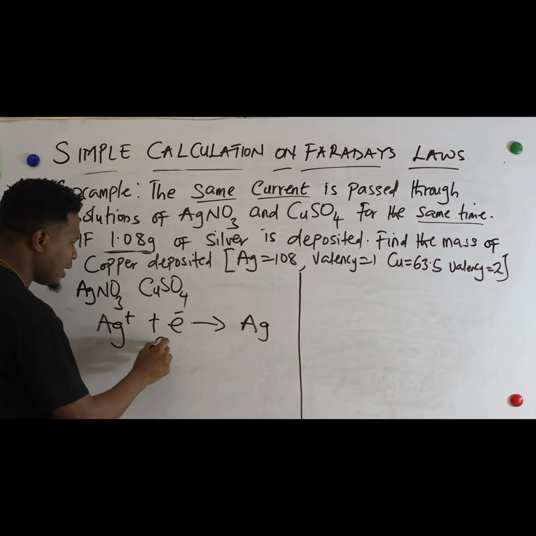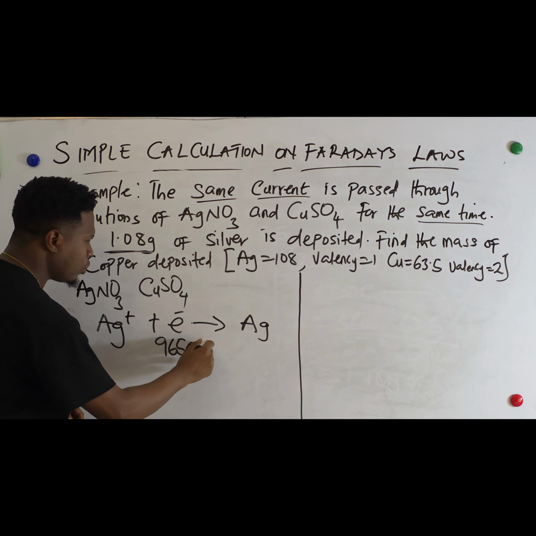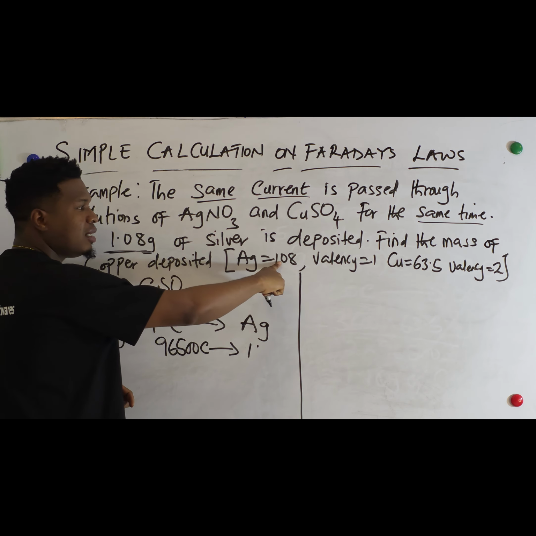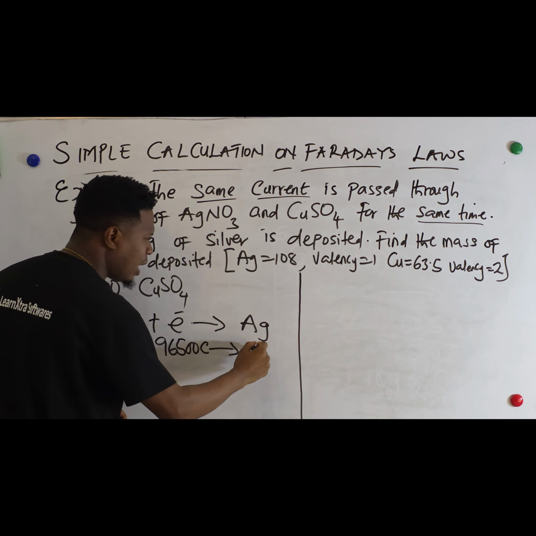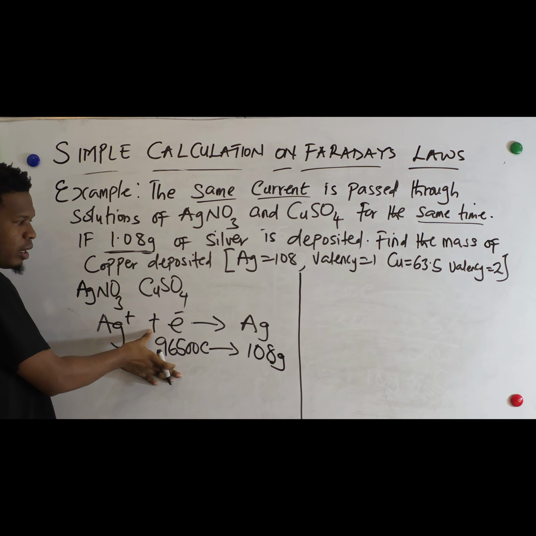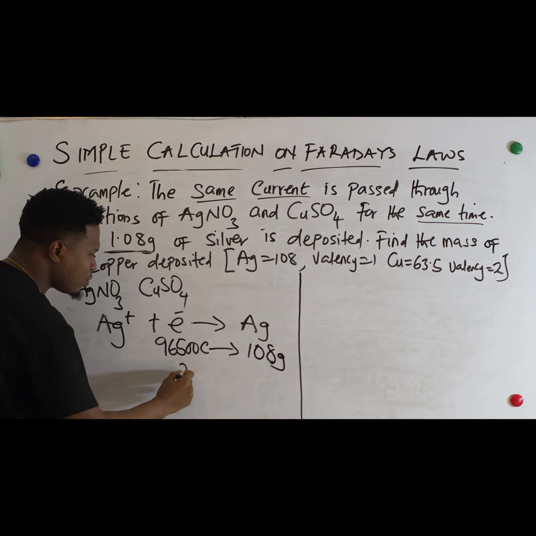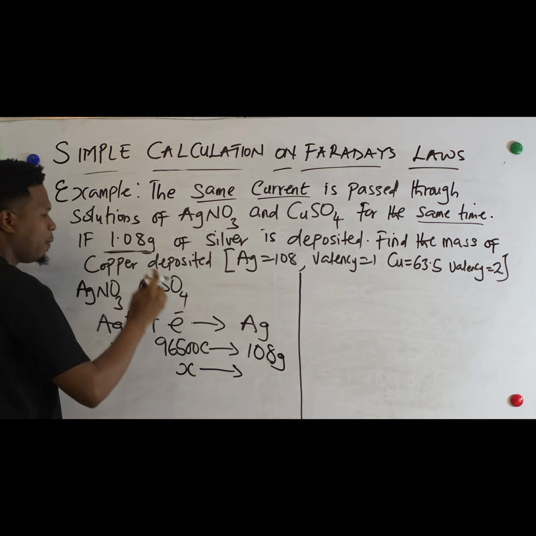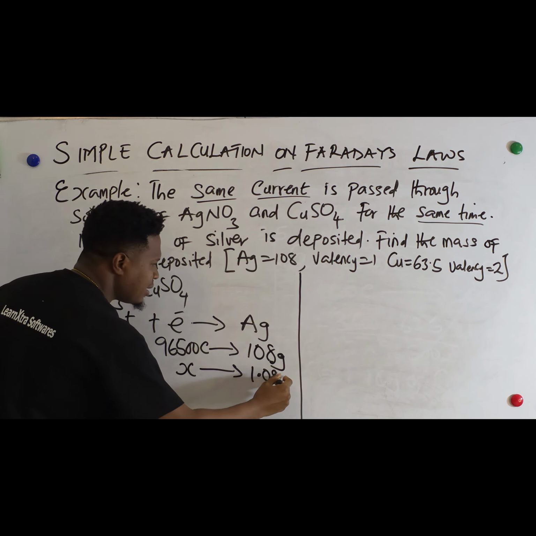So 96,500 coulombs will deposit the atomic weight, 108 grams. If this quantity of current will deposit this, then X, the quantity of current we don't know, will deposit 1.08 grams of silver.